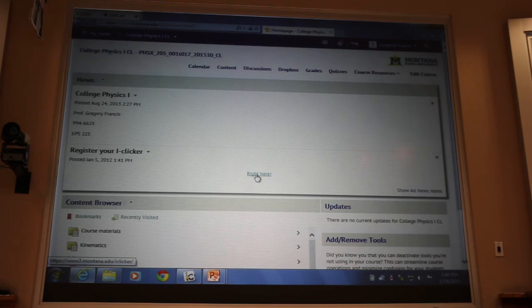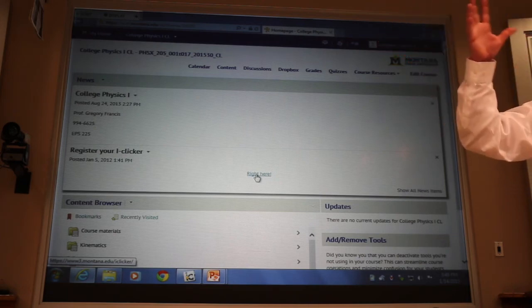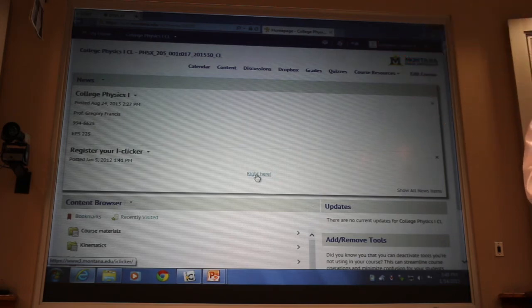If you click there, it'll take you to a place where you can register your iClicker. You only have to do that before the last day of class. If you do that before the last day of class, all the points you've accumulated over the semester will come showering down upon your head. So you just as well do it tomorrow. Don't need to wait. Okay.